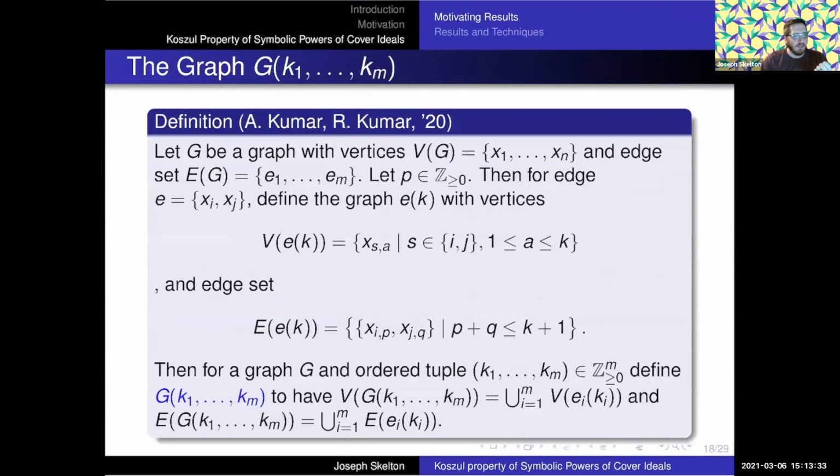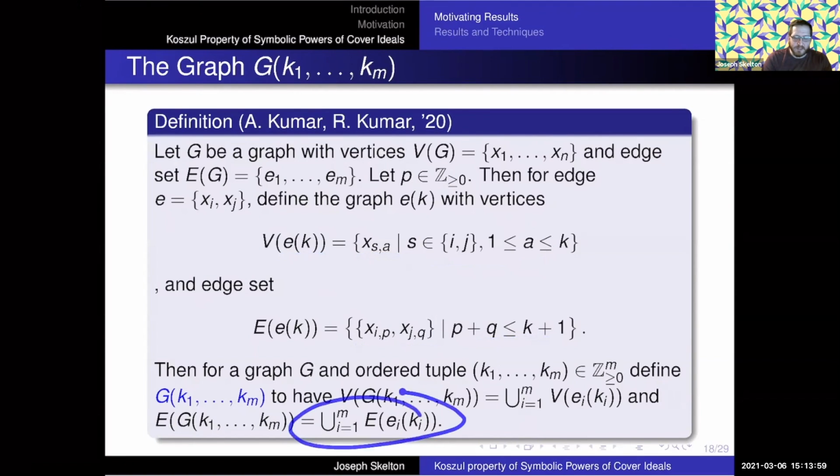This got loosened a little bit, a slightly more general result by Kumar and Kumar, which basically said instead of doing it to the whole graph at once like Francisco did, do it to each edge independently. For each edge, you introduce a k, copy the vertices of that edge k times, and then connect those newly introduced vertices under the same restriction.